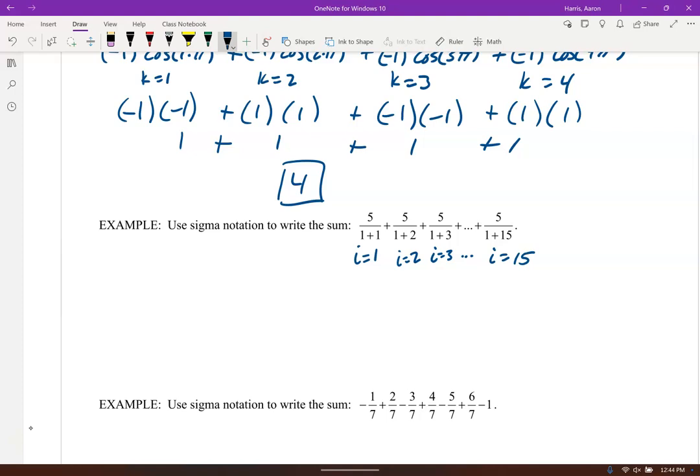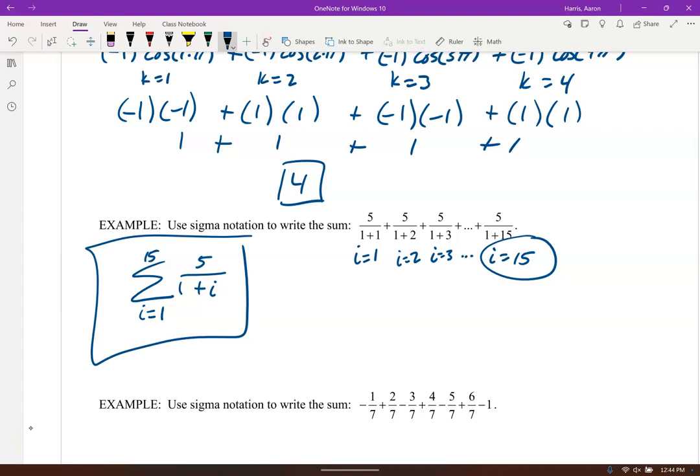So hopefully you can see what number is changing each time. So what's the formula? Well, the 5 stays the same. The 1 in front of the bottom stays the same. So it's just that i right there that's changing every time. And my lower bound, I'm starting with i being 1, and I'm going up to that i being 15. And so there's our sigma notation for that series.